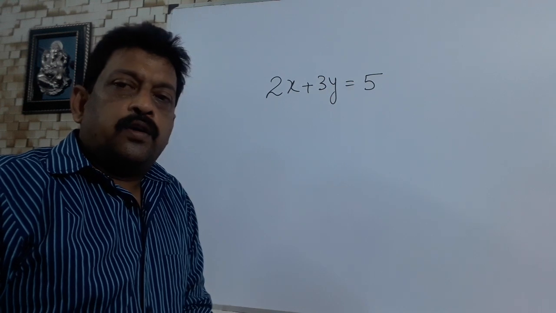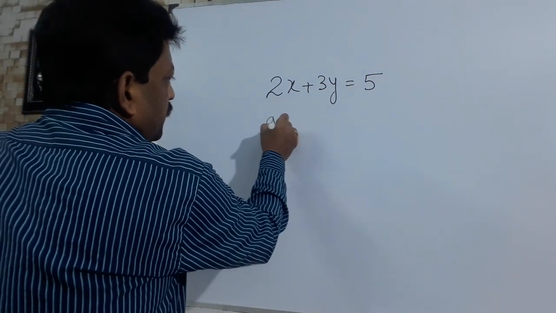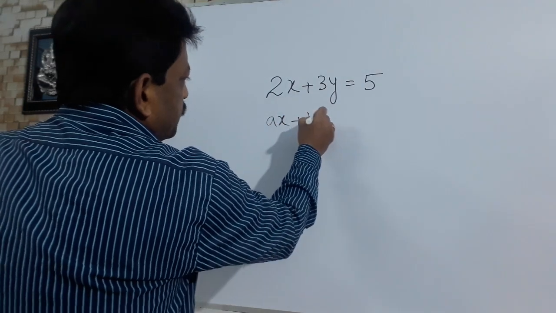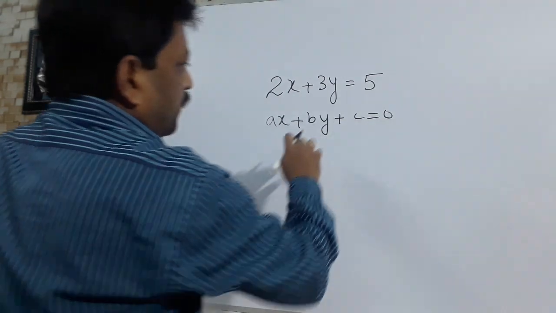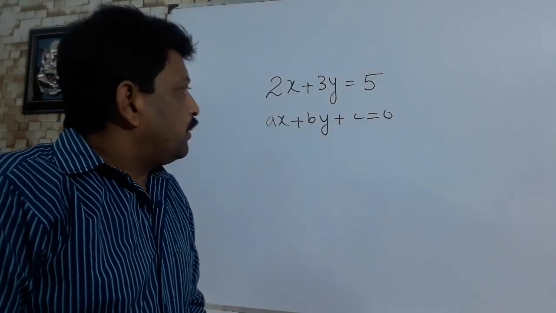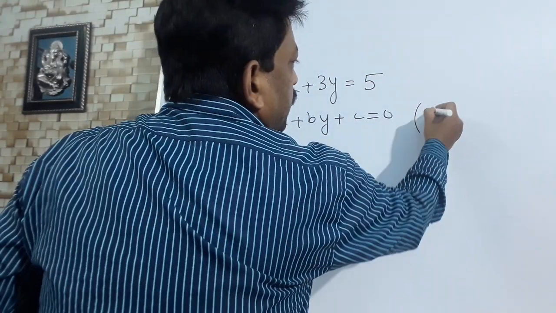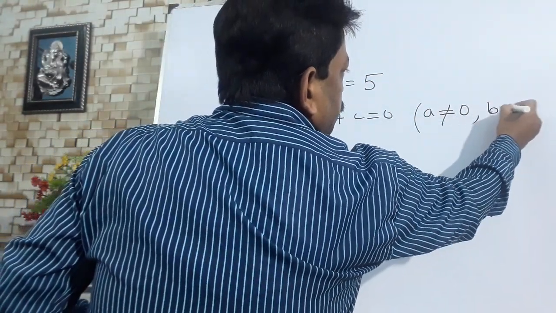That is why it is known as a linear equation. Okay, so every linear equation is in the form ax plus by plus c equals to 0. This is the general form of a linear equation where a and b not equals to 0.